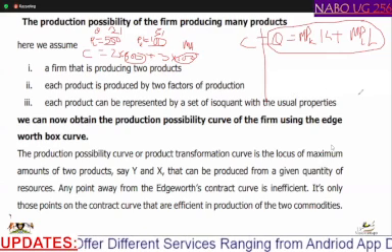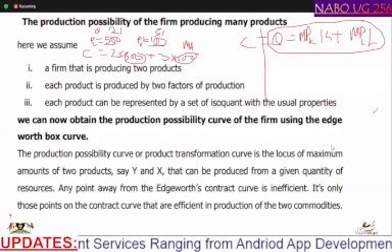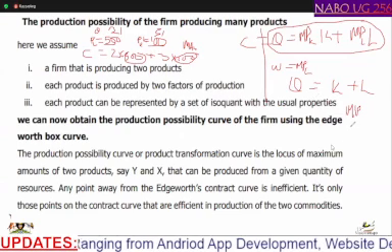By differentiating this function, it will be 1. What will be the marginal product of capital?